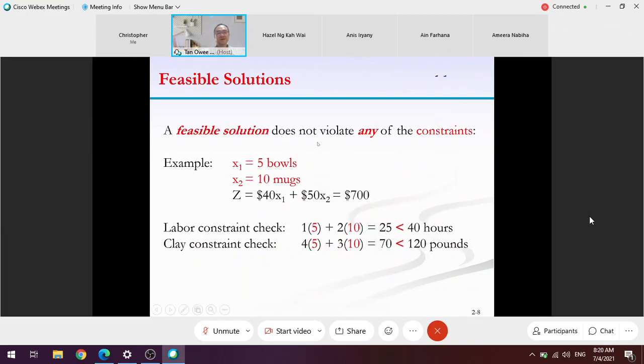Feasible solutions do not violate any of the constraints. Maksudnya, when you replace, then still comply. Not necessarily it's 10 and 10. Any number that you replace into the constraint, and the constraint still fulfills the condition, then we say that solution is feasible.